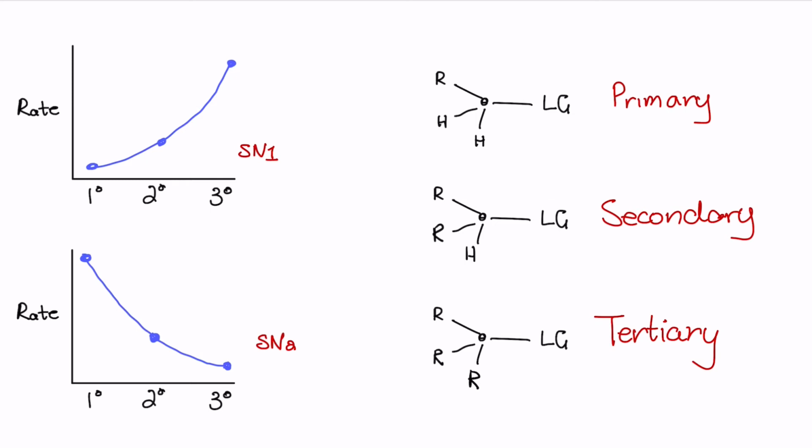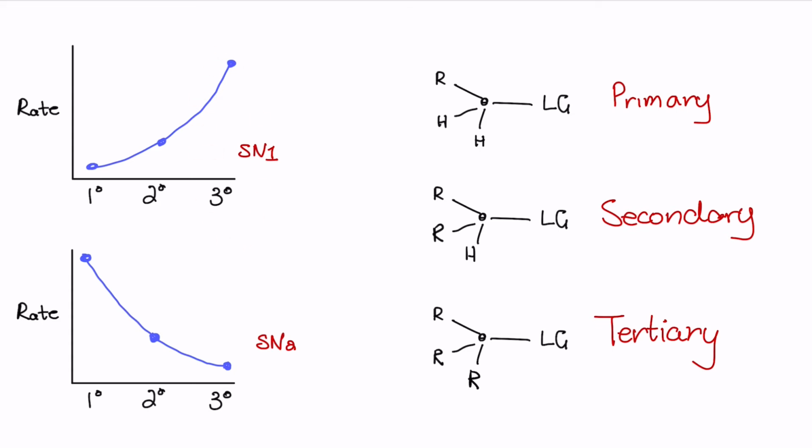Alternatively, the SN1 reaction actually prefers compounds which have multiple R groups attached. So we see that in primary carbons, the SN1 reaction rate is very, very slow. And as we start increasing the number of R groups, or the carbon side chains, the rate will start to increase.